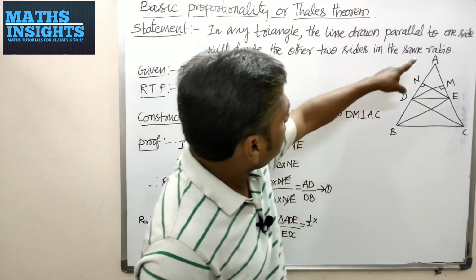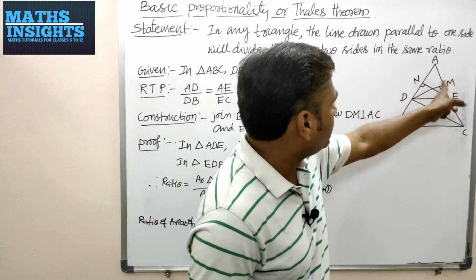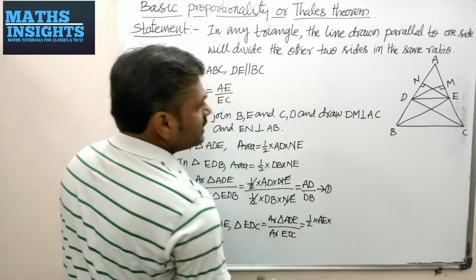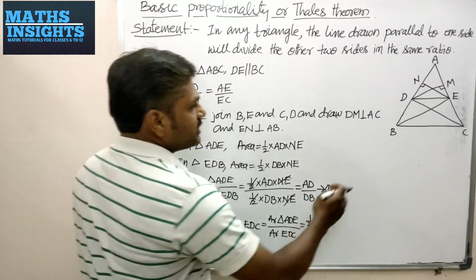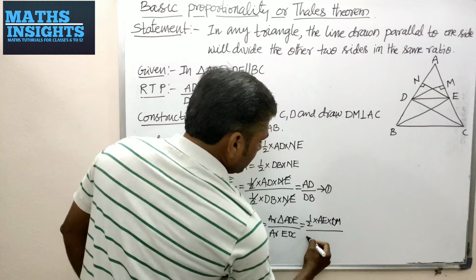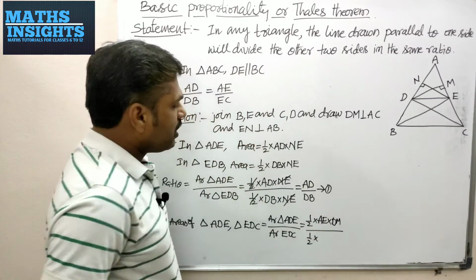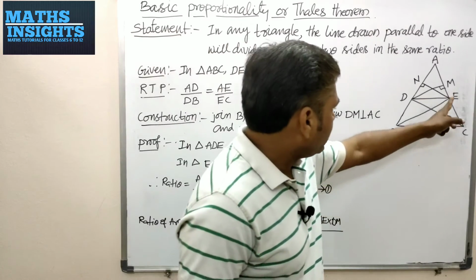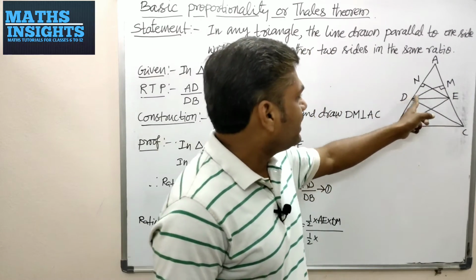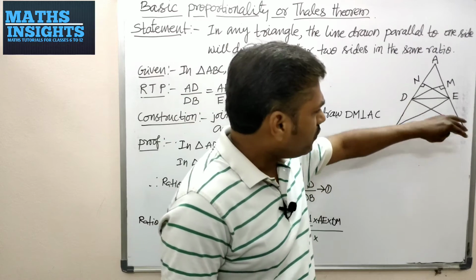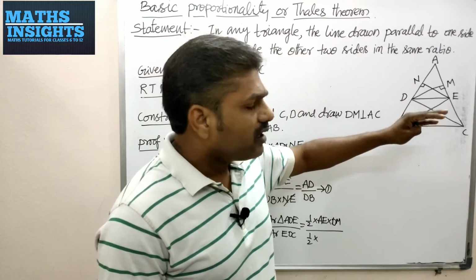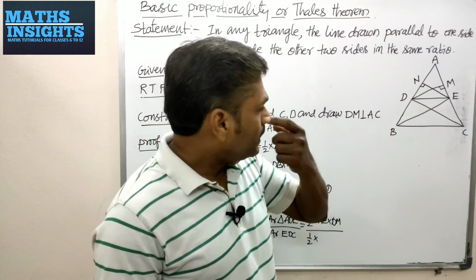For this ADE, I am taking AE as my base, and height is DM, so half into AE into DM, by again, for the triangle EDC, I am taking DM as my height. For this triangle also, since it is an obtuse angle triangle, the height will be outside the triangle.